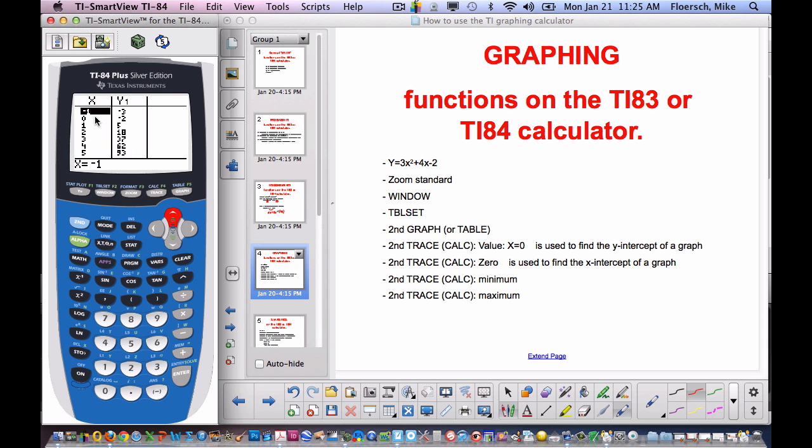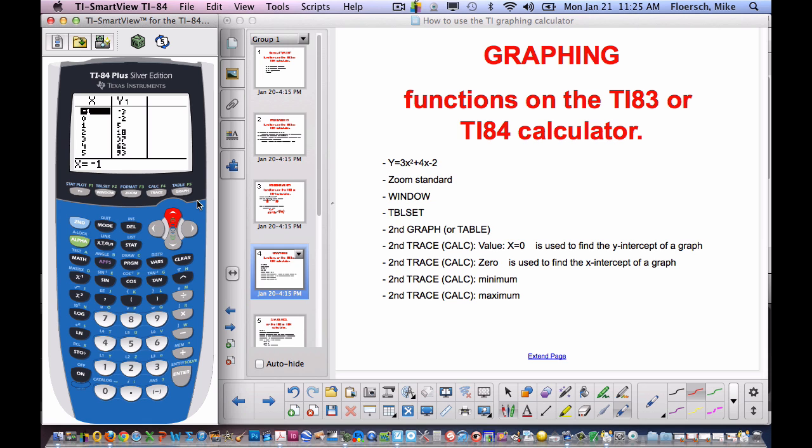But -1, -3 is a coordinate, 0, -2 is a coordinate, 1, 5 is a coordinate, 2, 18. I can see right between 0 and 1 here, something happened where we reached a minimum on our parabola, just to give me an idea. But those give me my x and y coordinates, again under second table.